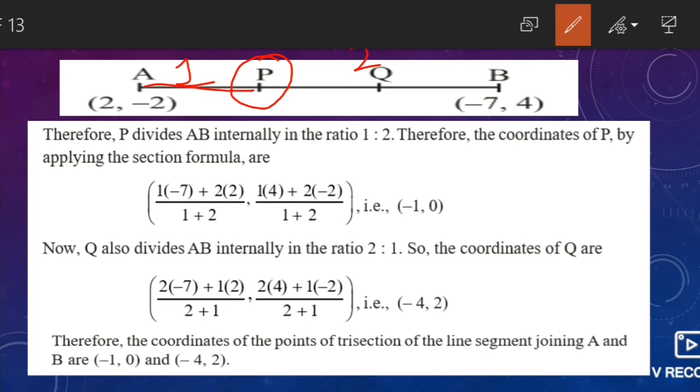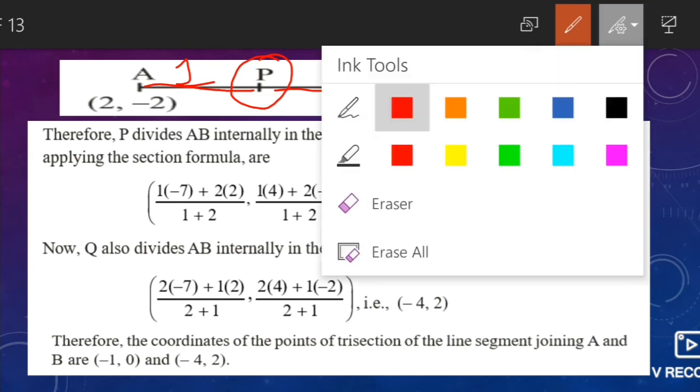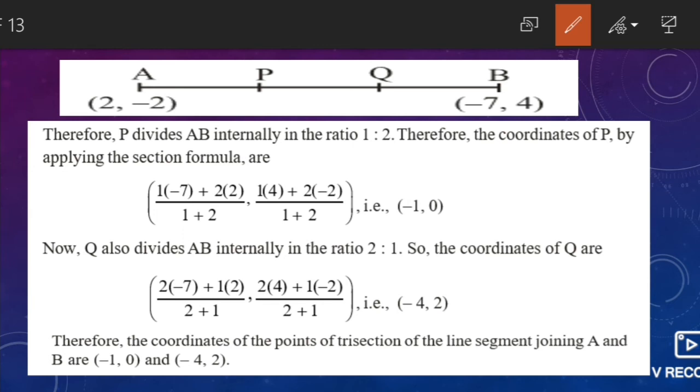Here is one part and here are the other 2 parts. That means P divides this AB line in 1:2 ratio. Therefore, P divides AB internally in the ratio 1:2.